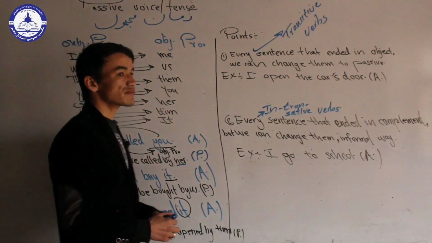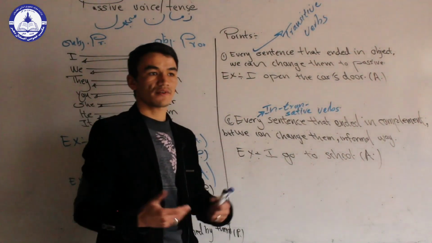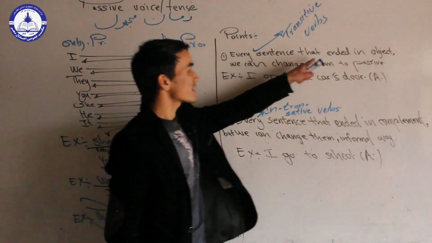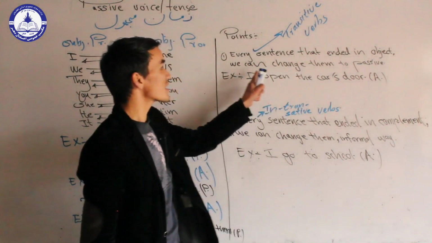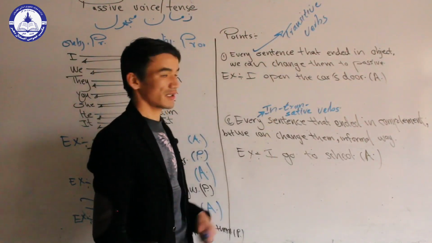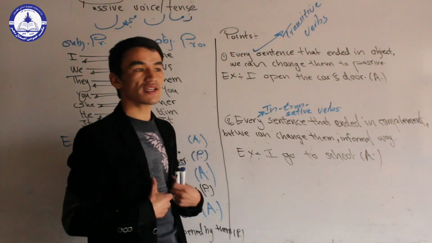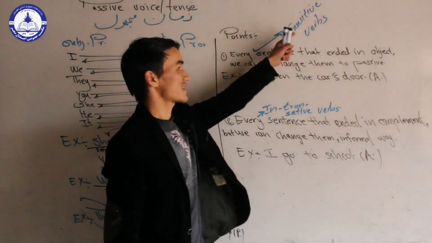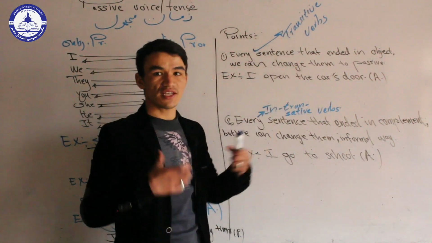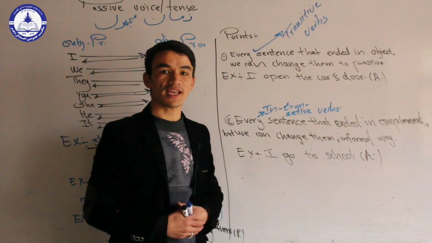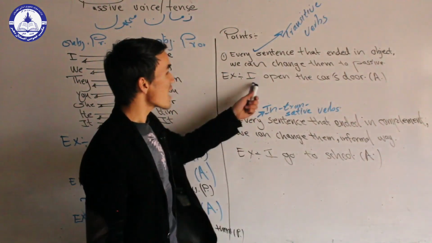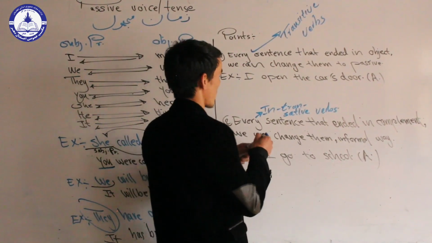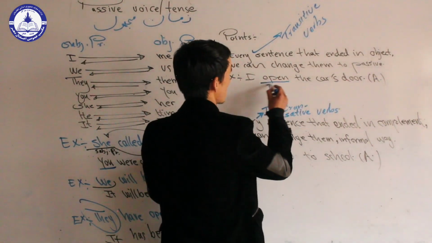Okay, some points must be understandable to everybody. The first one: every sentence that has an object, we can change to passive. My purpose here is that if your sentence has transitive verbs, you can use them very basically and formally. For example, I open the car's door. See it? And here "open" is a transitive verb.